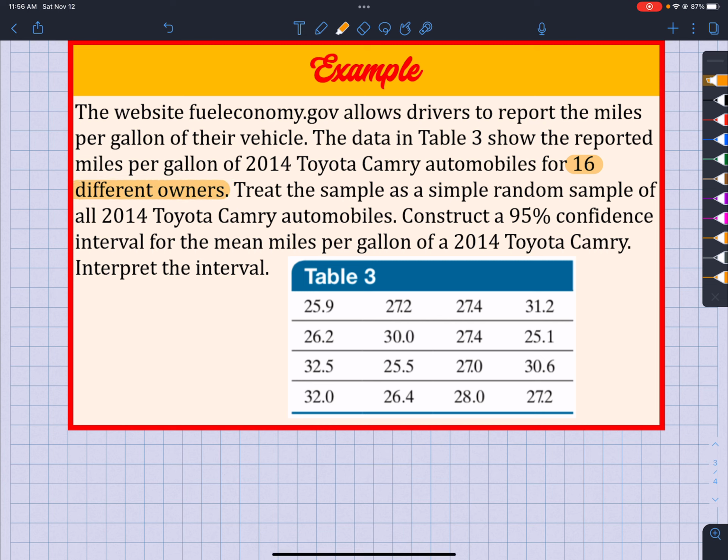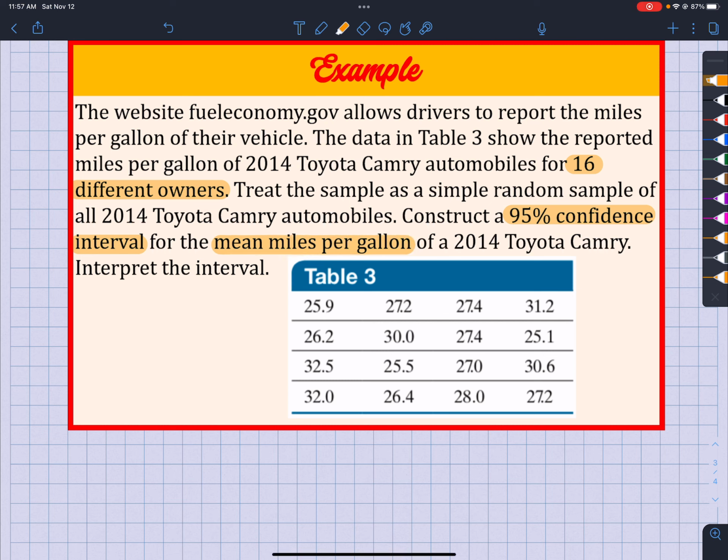Treat the sample as a simple random sample of all 2014 Toyota Camry automobiles. So again, when I talk about population size, I'm not talking about everybody in the world. In this case, the population is all 2014 Toyota Camry automobiles, all of their owners. Construct a 95% confidence interval for the mean miles per gallon, right?